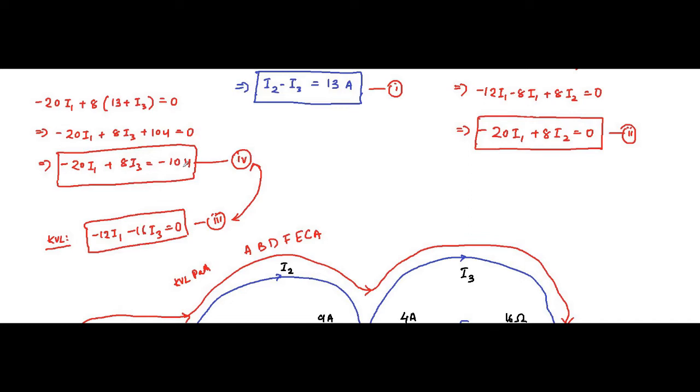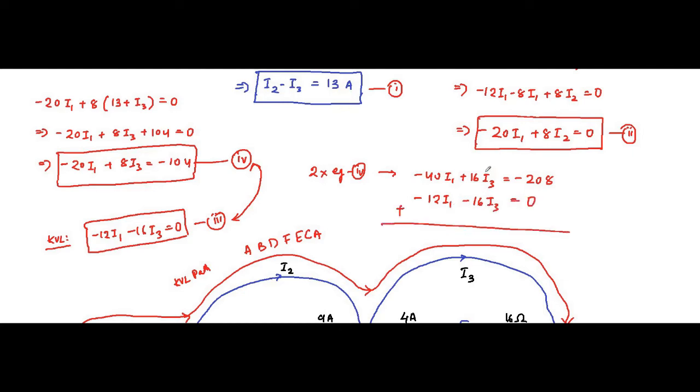So if we multiply equation 4 with 2, we get minus 40 I1 plus 16 I3 equals minus 208, and then we add equation 3, minus 12 I1 minus 16 I3 is equal to 0.